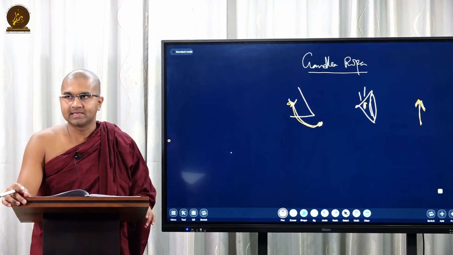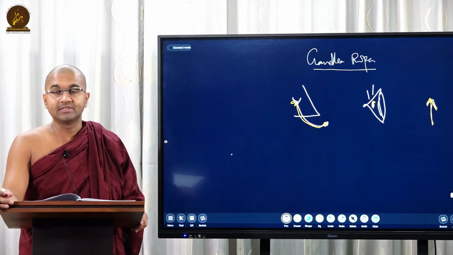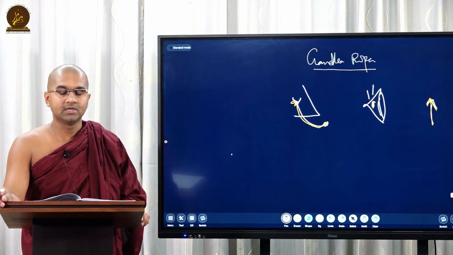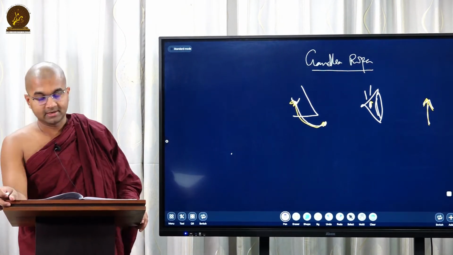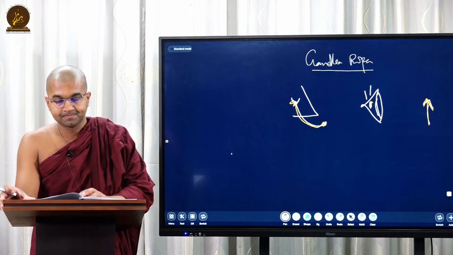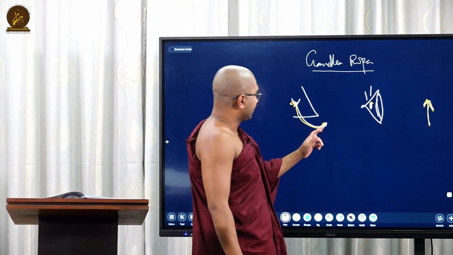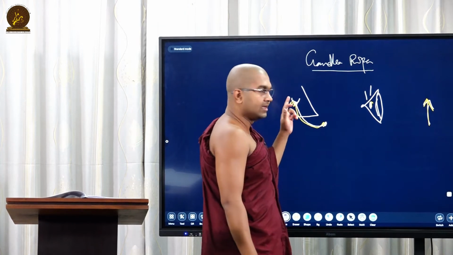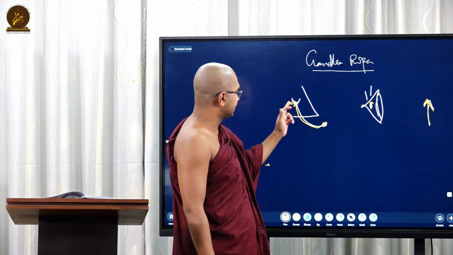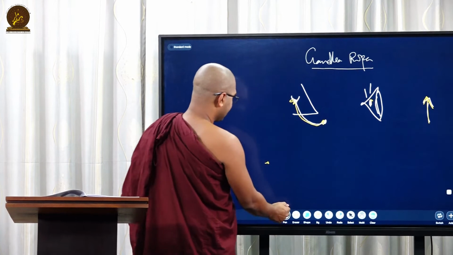This point we shall be discussing when we come to the sense organ, the sensitivity, under the topic of Kammajarupas. Anyhow, this Gandharupa is sensitive to the nose sensitivity, and it causes the arising of Ghana Vinnana.